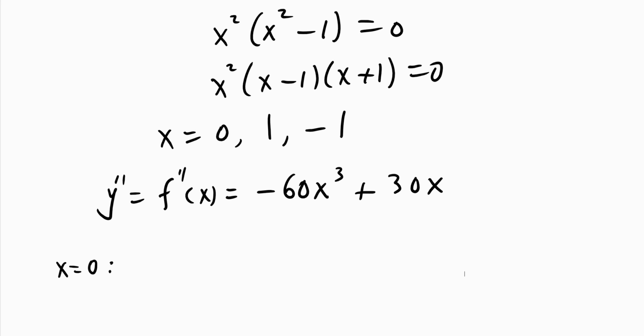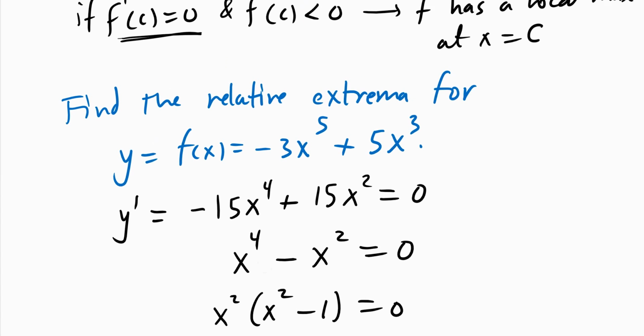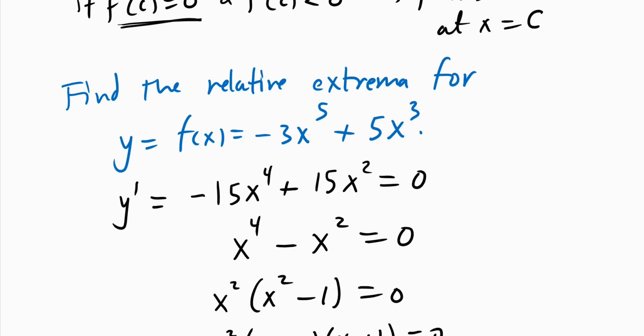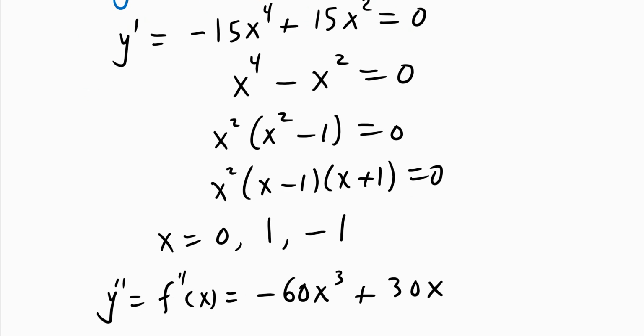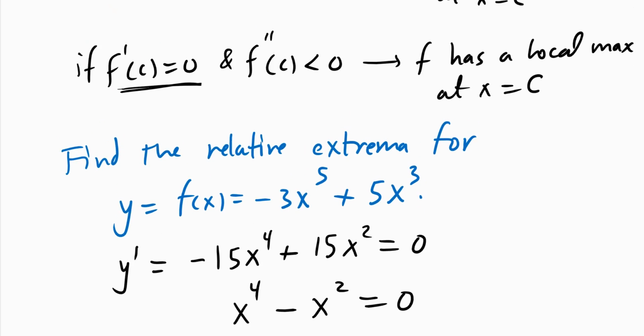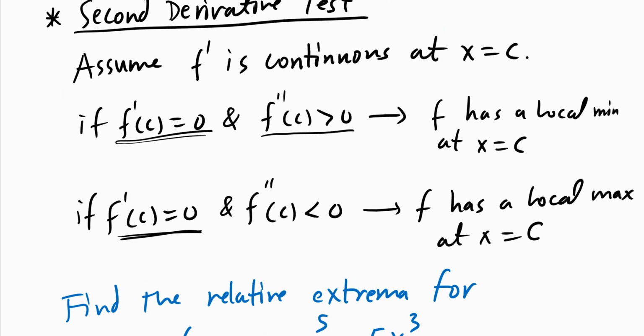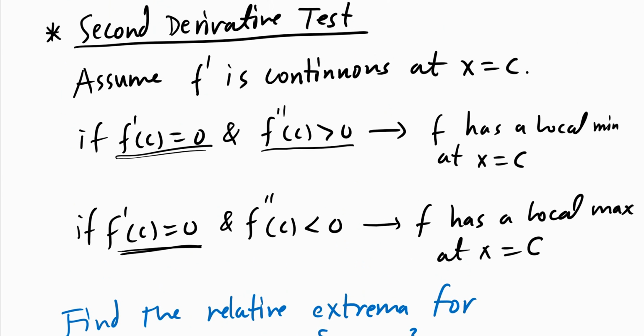So we continue with this question that we started with earlier to find the relative extrema for this function. We found the first derivative and the second derivative. And I'm trying to use what we call the second derivative test. So f prime of c equals 0 helped me to find the critical numbers, and in this example there were 0, negative 1, 1, and then I'm substituting into the second derivative for x equals c.